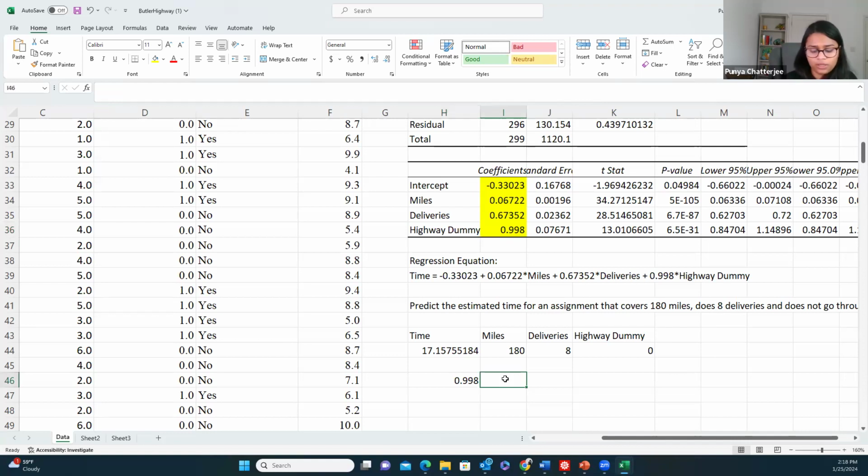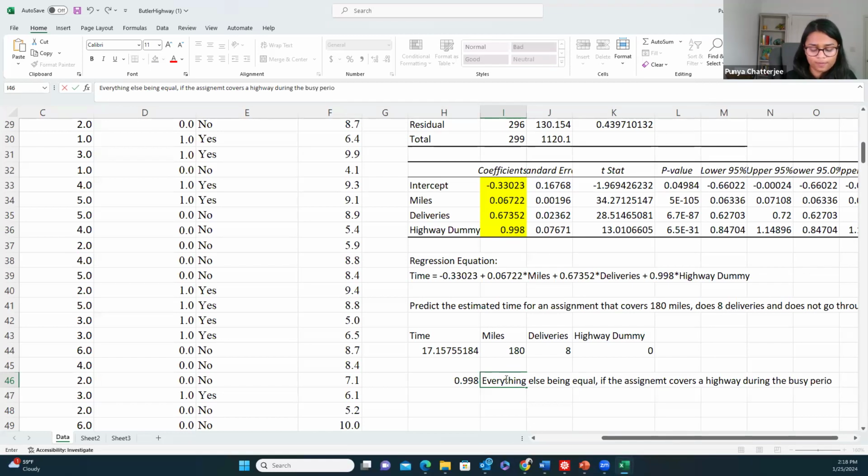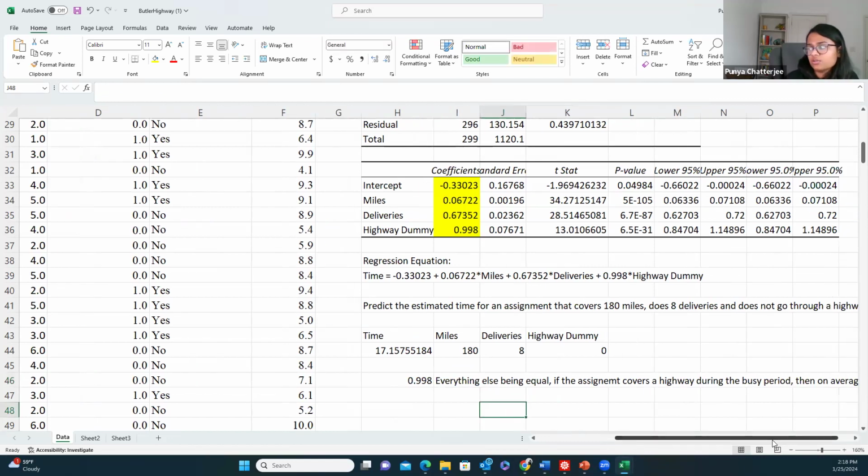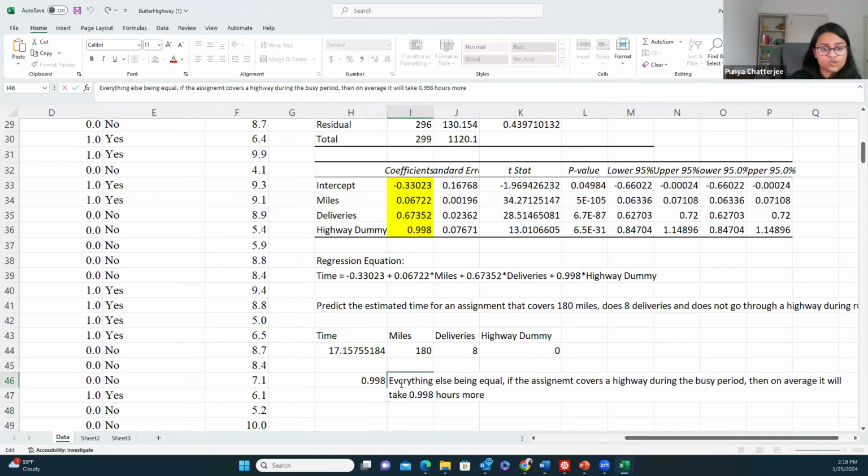So the interpretation of that would be: everything else being equal, if the assignment covers highway during the busy period, then on average it will take 0.998 hours more.